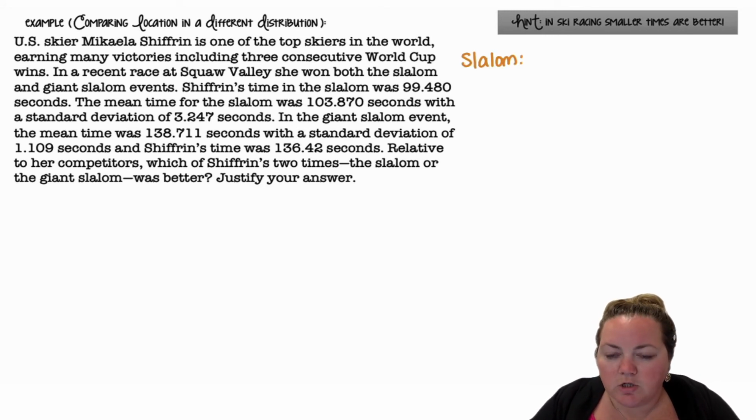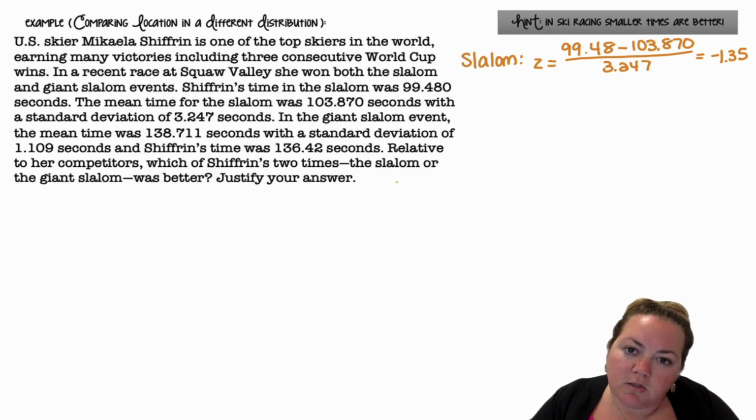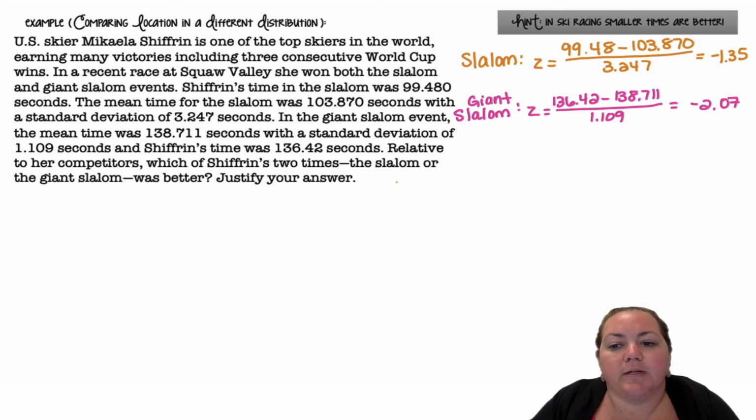All right. So for the slalom, her time was 99.48 minus the mean time divided by the standard deviation, which gives me a z-score of negative 1.35. So she was 1.35 standard deviations below the mean, which means she was faster than the average. In the giant slalom, I'm going to do her time minus the mean time divided by the standard deviation, which gives me negative 2.07.